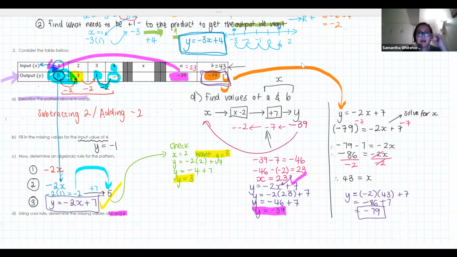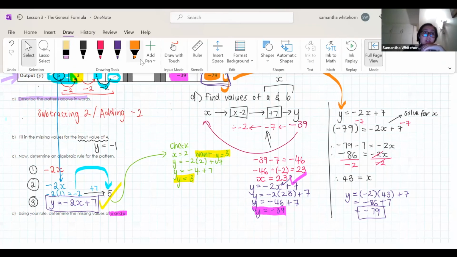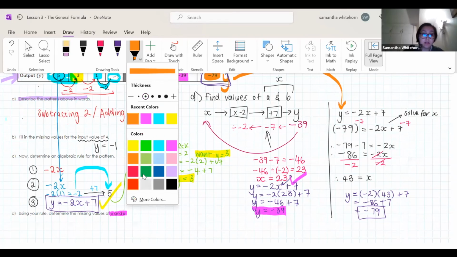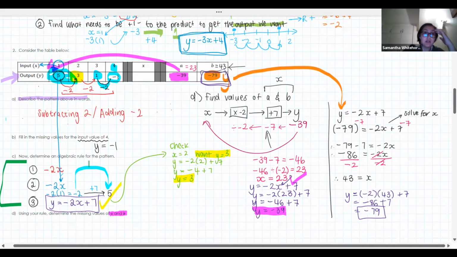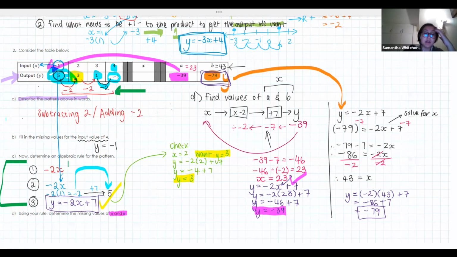Alrighty. Question on the chat, how do you get to the rule? Grade 8s, I don't know why we're not listening. But how do we get to the rule? So this is where we follow these 3 steps. The rule, obviously subtracting 2 is important. So I start by timesing x and whatever we add or subtract. From there, I need to figure out how I get from the product to the output that I want.